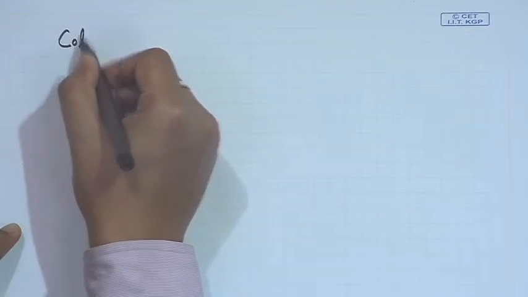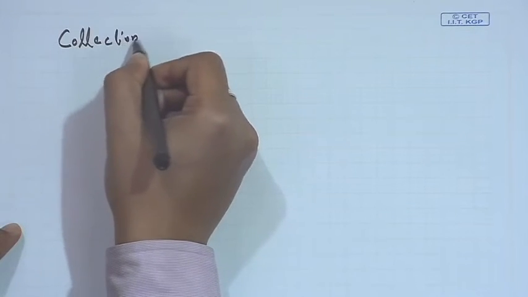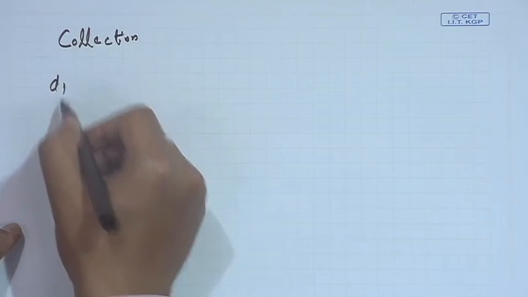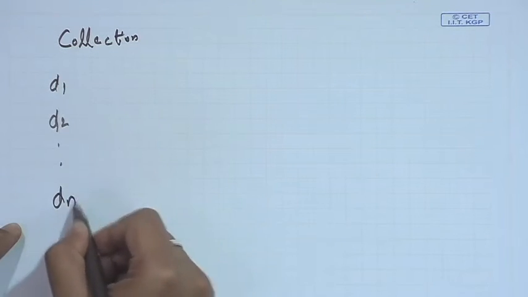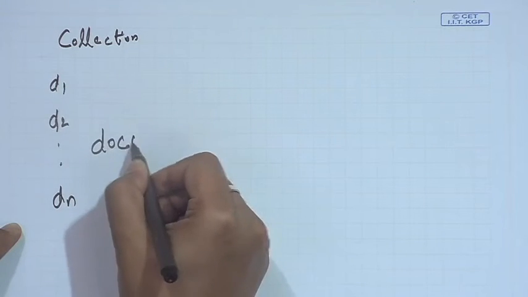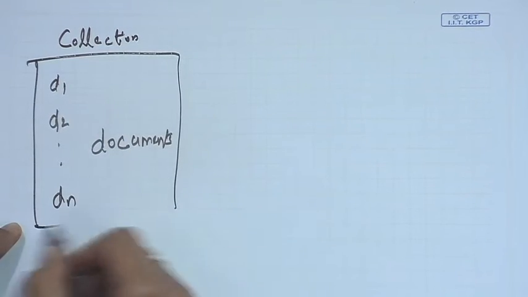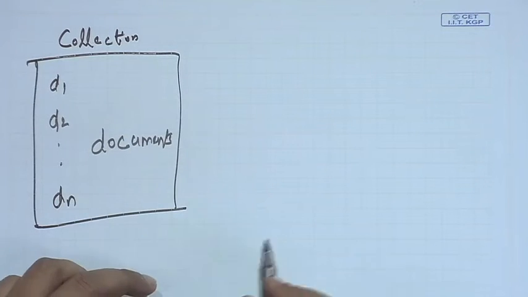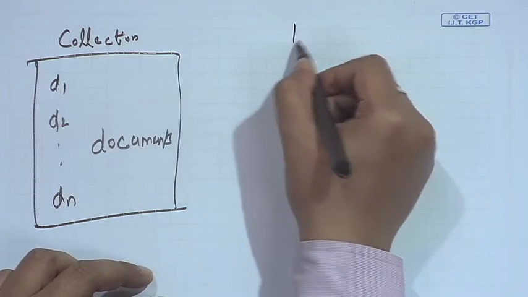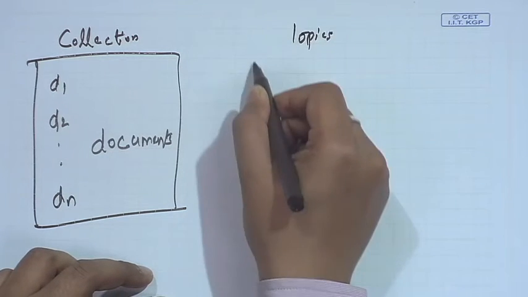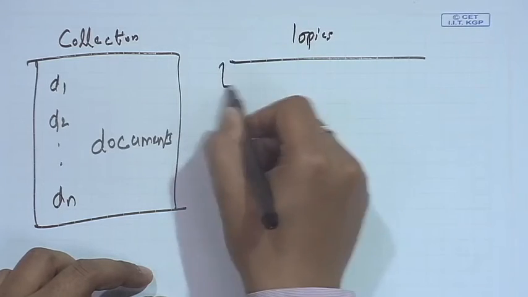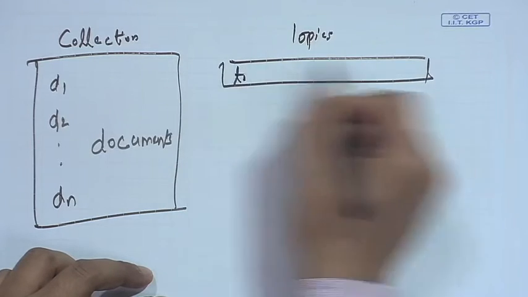What are the three things we are talking about? We are talking about a collection that has documents D1, D2 up to Dn. Then you have some topics, say T1 to Tk.